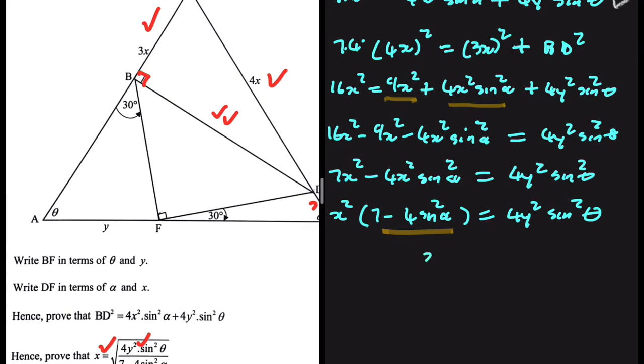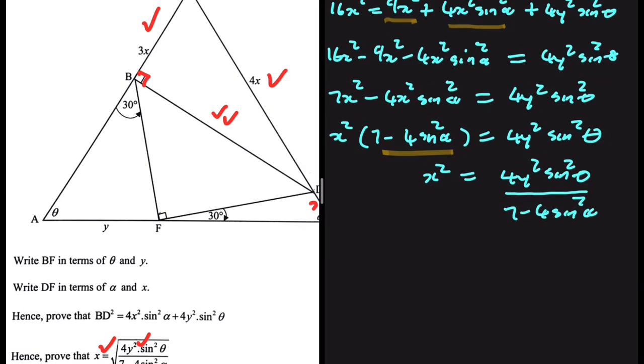If we do that, we're going to have x squared being equal to 4y squared sine of theta squared, everything divided by 7 minus 4 sine of alpha squared. Taking square roots on both sides, we're going to get x being equal to the square root of 4y squared sine theta squared divided by 7 minus 4 sine of alpha squared.